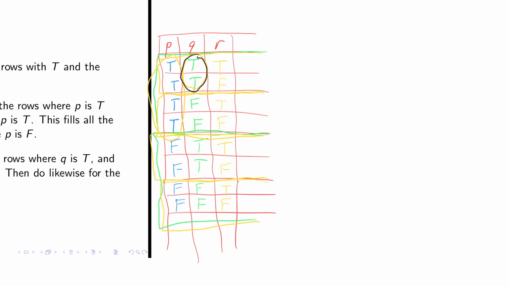So where P is true, you also have the scenario where Q is true, and then the scenario where R is true. But then you could also say P is true in this whole region, and Q is true and R is false.